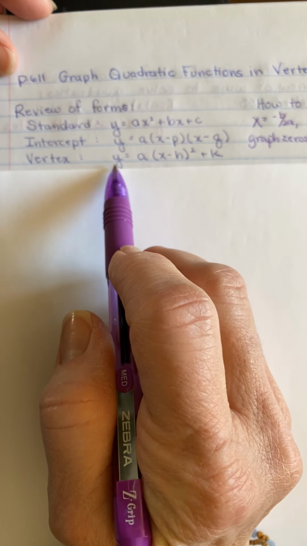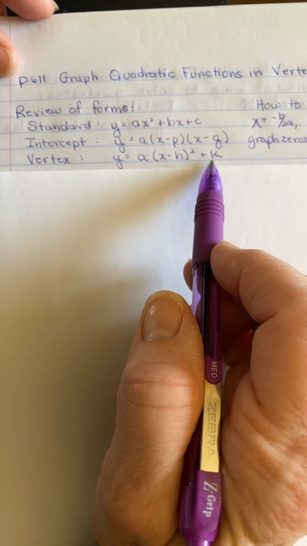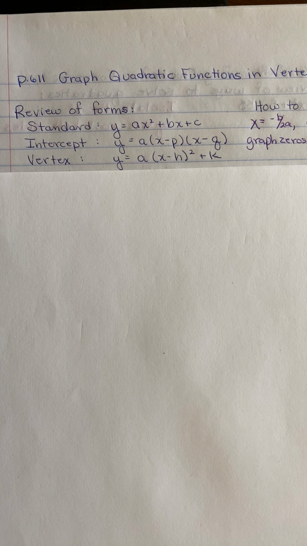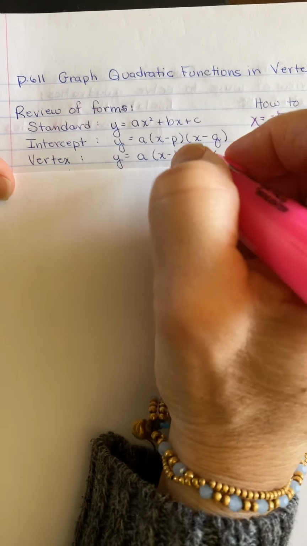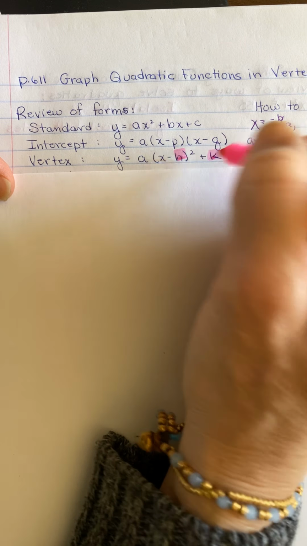Anyway, if you have a quadratic in vertex form, it's called vertex form because your vertex is the point h comma k. So let me see, I'm going to grab my highlighter. Your vertex is the point h comma k.